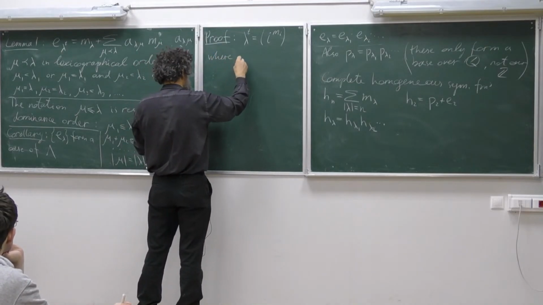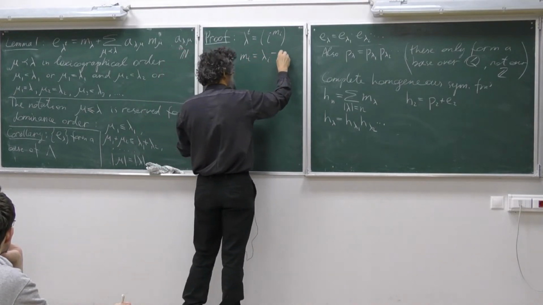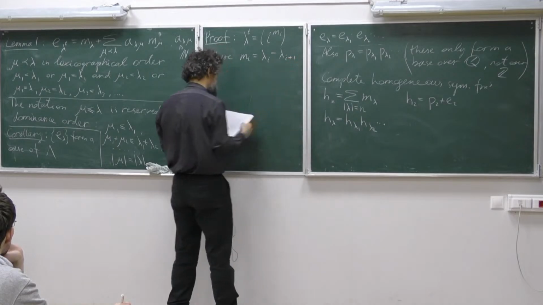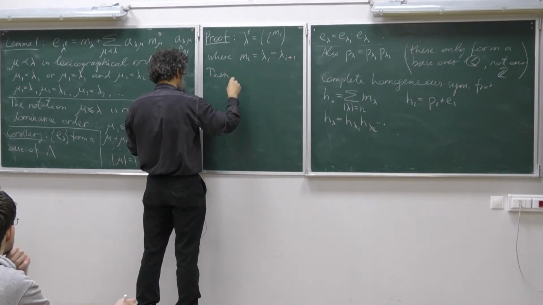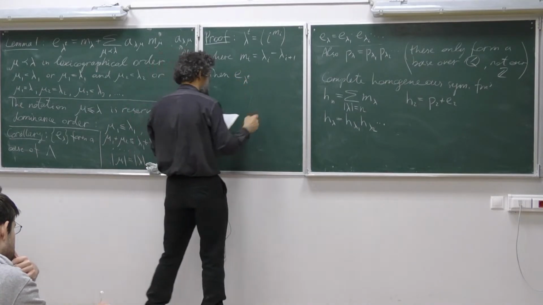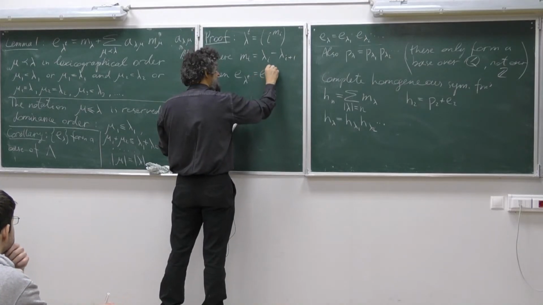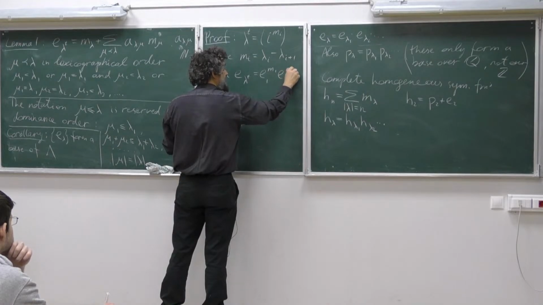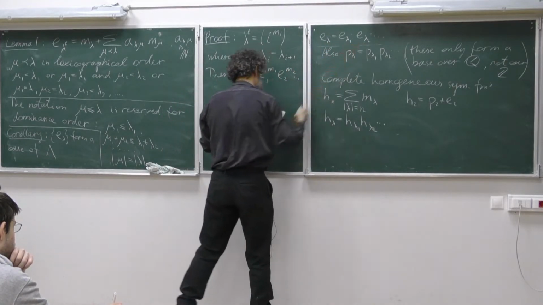And then mi is lambda i minus lambda i plus 1. Then this elementary guy is e1 to power m1, e2 to power m2, and so on, just by definition.